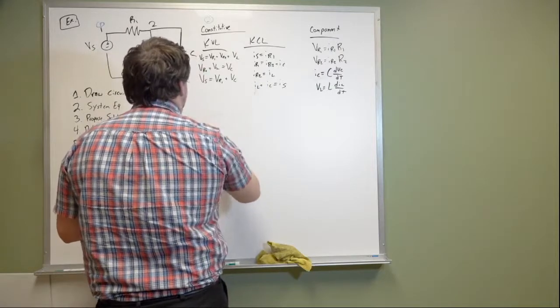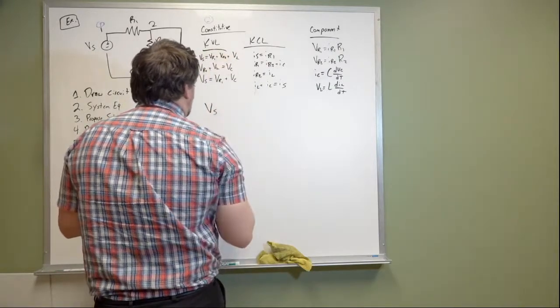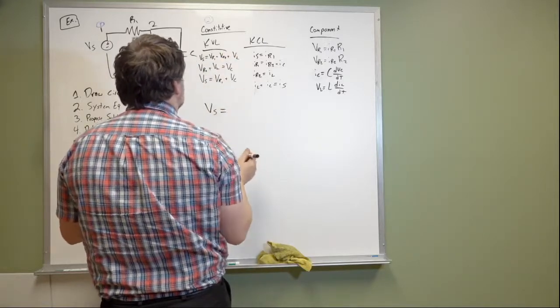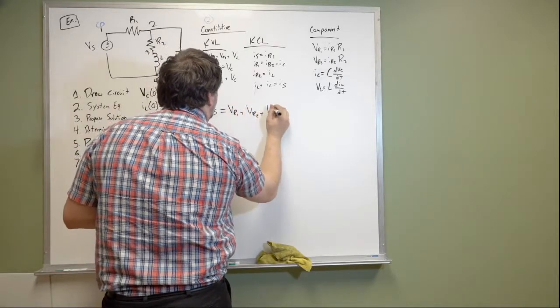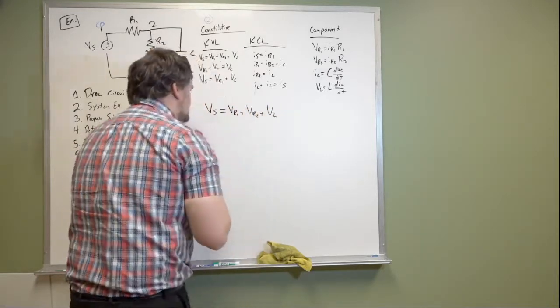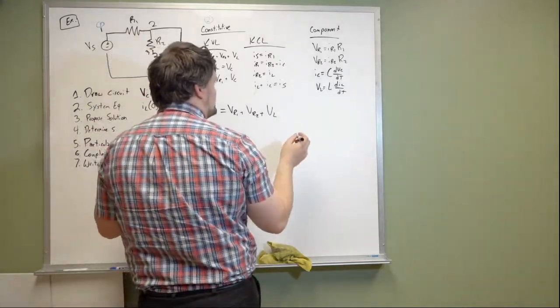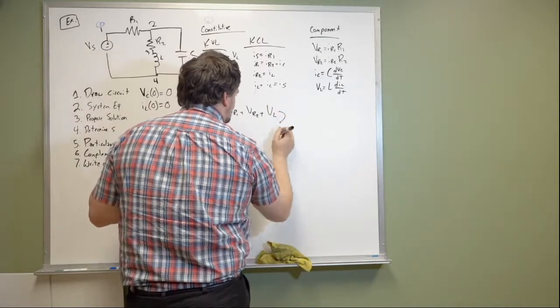So here I'm going to start off with the one that has the forcing function and has the variable that we want, which here is linked to VL: VS equals VR1 plus VR2 plus VL. Okay, so that's great. I'm going to go ahead and do component equations immediately, really for all three of these.